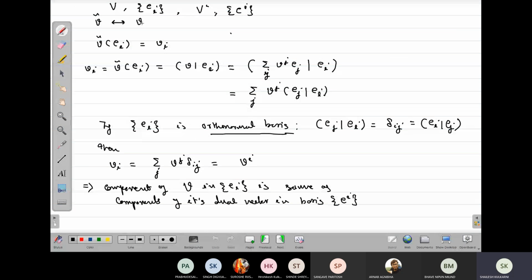Given a vector V, its components are given, and it is an inner product space, so you know how to calculate E_j inner product with E_i. That means the right hand side is known, but the right hand side is equal to V_i, so you know the components of the dual vector uniquely.